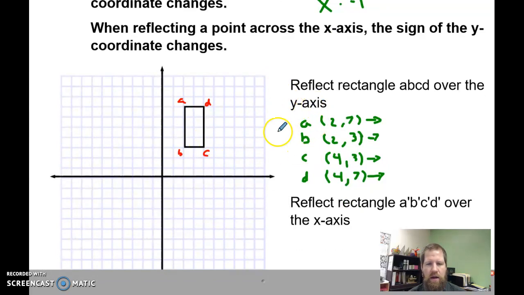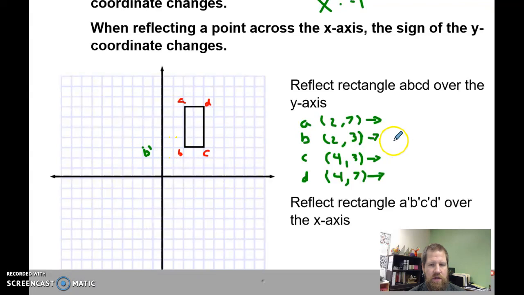I can kind of count it. I could say, okay, from right here, the y-axis, in this case the axis of reflection, it's 2 away. So my new B prime is going to be 2 away from the other side. It's going to be 2 to the left.